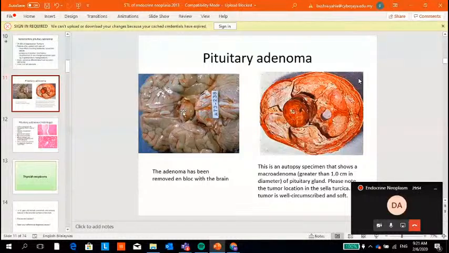Here is the pituitary adenoma, and you can see it is compressing the optic chiasm. So the patient may have had a visual defect.